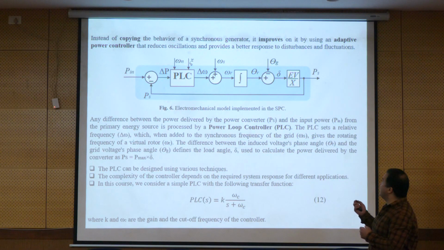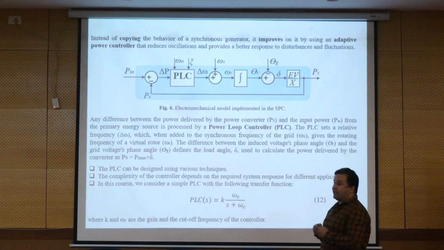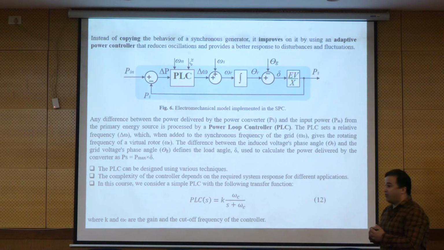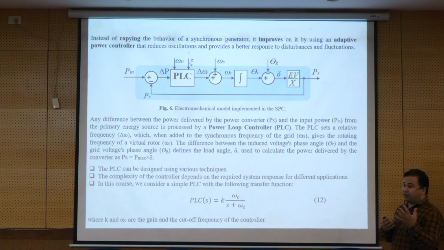Based on delta, we have the Pmax and output power. So by this, we can calculate the exact power we need to synchronize our system with the grid and provide active power for the power grid like a synchronous generator.